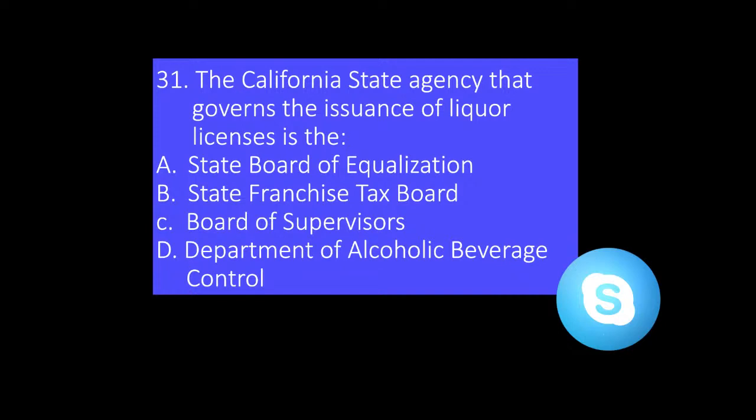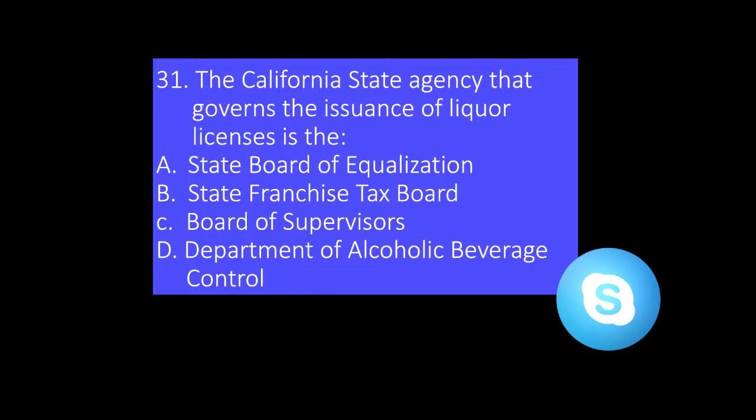The California state agency that governs liquor licenses is the State Board of Equalization, State Franchise Tax Board, Board of Supervisors, or Department of Alcoholic Beverage Control. Is there such a thing? You have to apply the rule of elimination and the common sense rule.